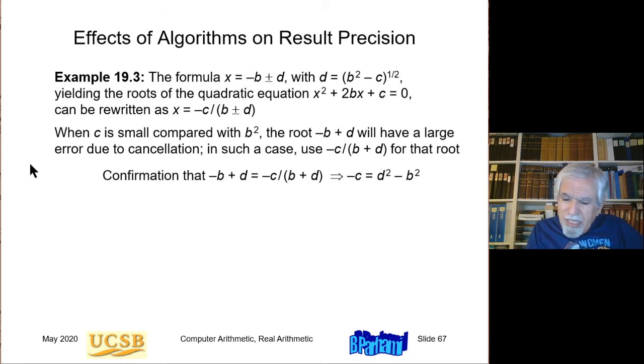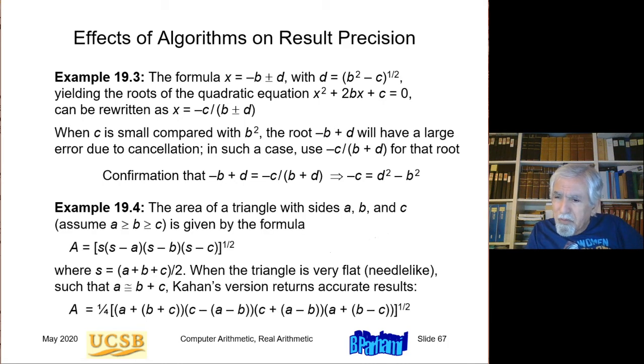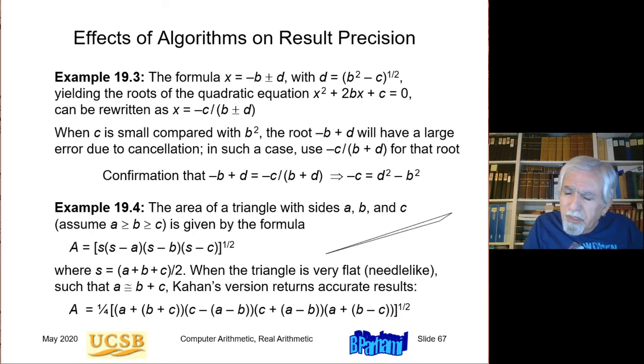Okay, here's a second example. There are many examples. Over the years, people have come up with alternate formulations to be able to avoid these large errors. And this one basically has to do with computing the area of a triangle. Again, you may know that this formula gives the area of a triangle of side lengths A, B, and C, where S is half of the perimeter, so A plus B plus C over 2.